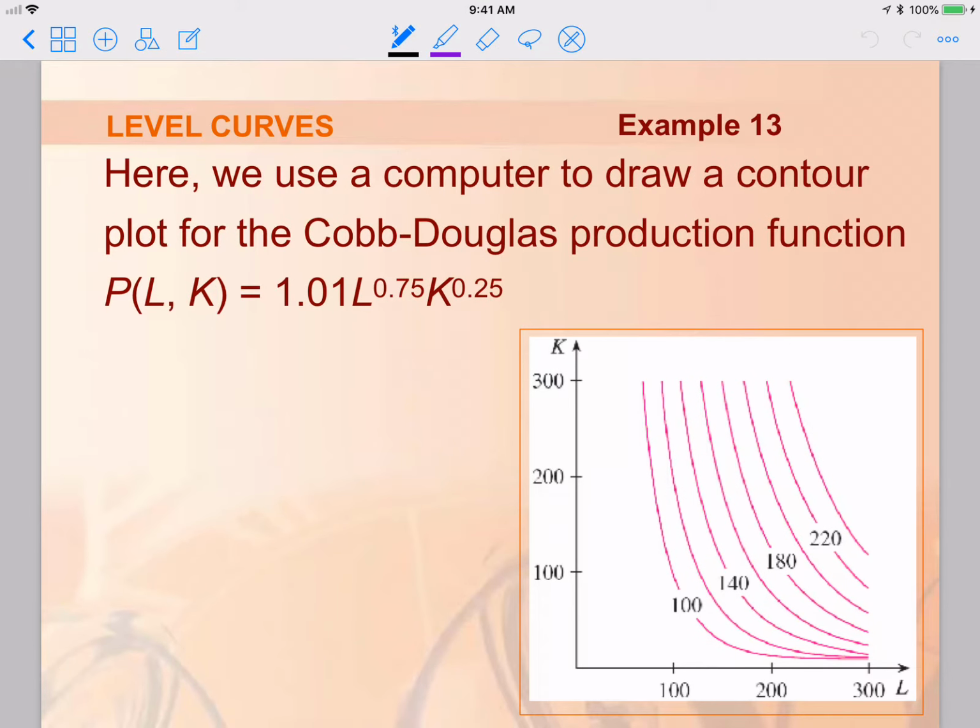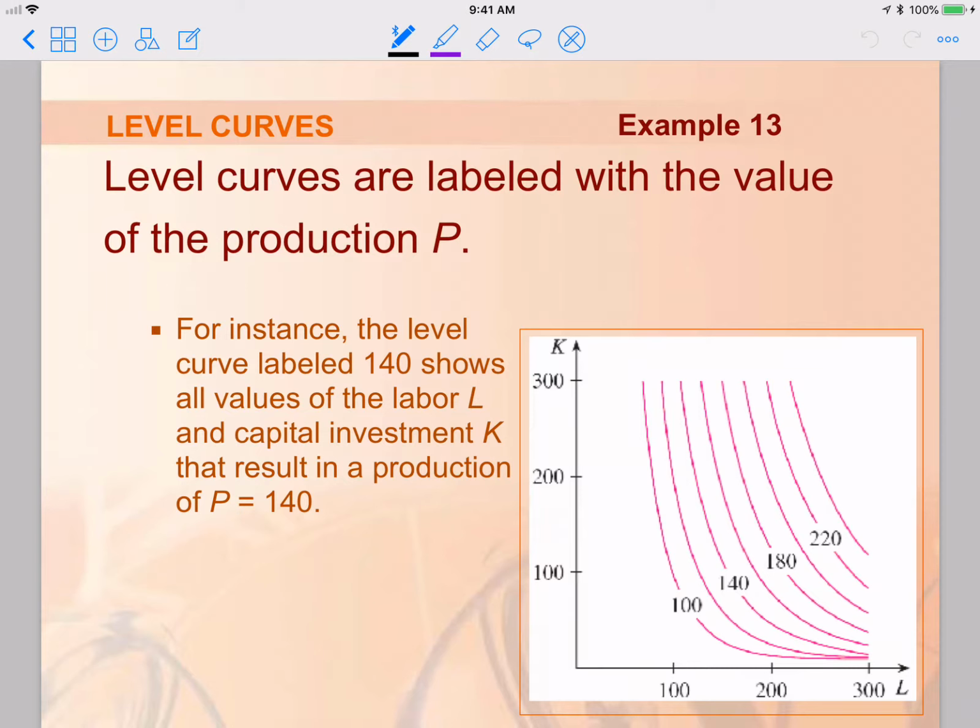And now just for giggles, we'll look at the sketches of the Cobb-Douglas production function from before. The level curves are really helpful, especially in terms of estimating. So instead of having the chart with all of those numbers, that numerical chart, it's easier to see patterns if you're looking at the contour plot, okay, with the level curves.